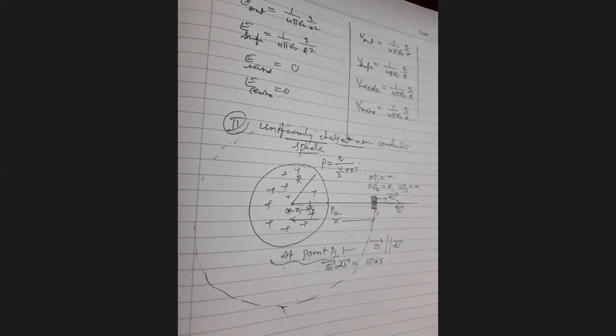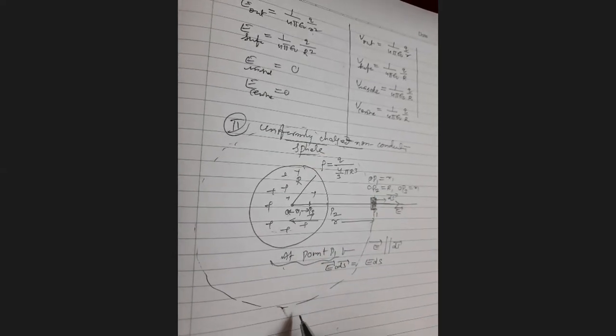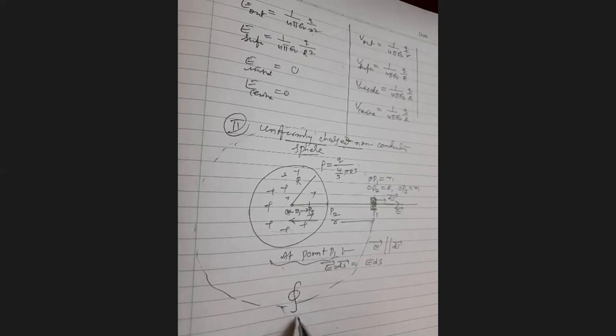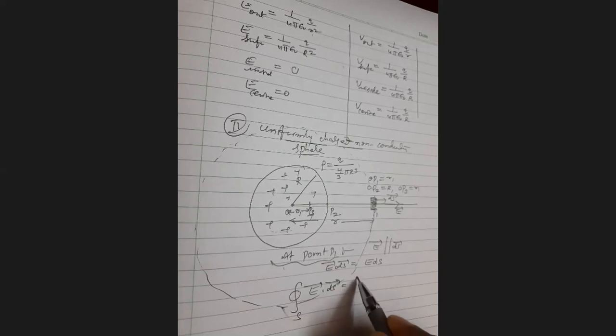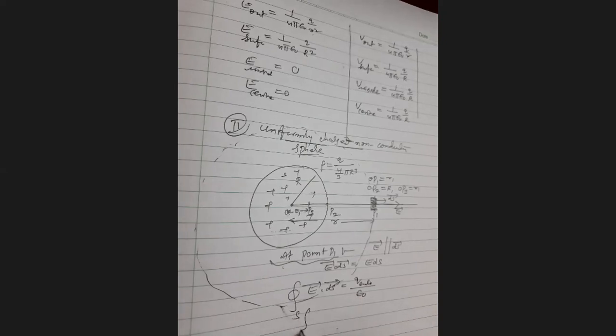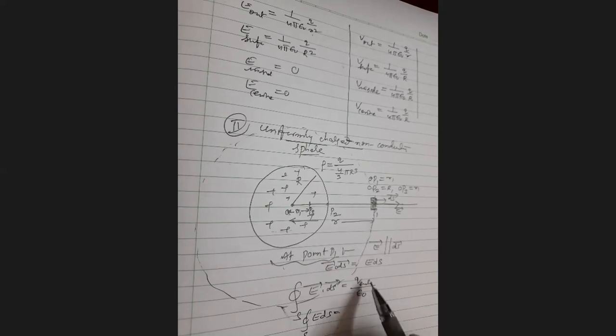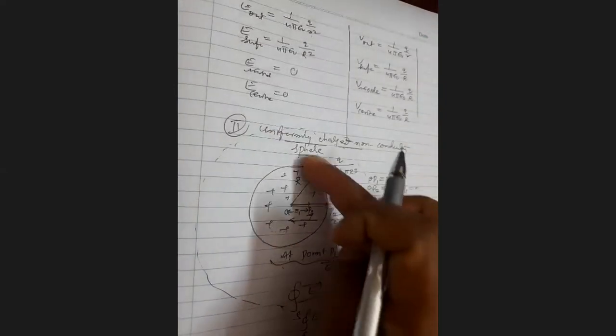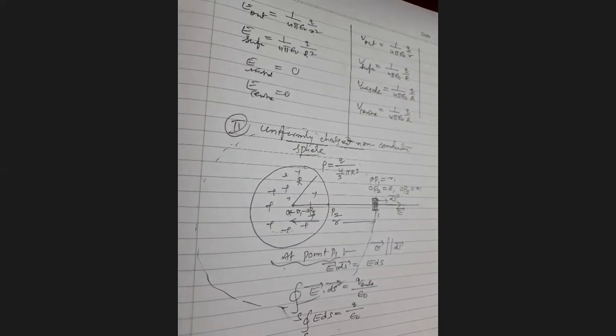By applying Gauss law, the surface integral of E bar dot dS bar is equal to the charge enclosed by that surface divided by epsilon naught. This is the surface integral E dS equal to the charge enclosed Q by epsilon naught. Charge enclosed by this Gaussian surface, how much? That is the charge of this non-conducting sphere that we have taken, Q.